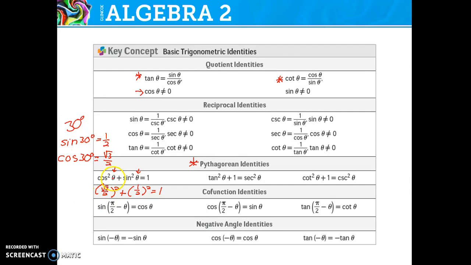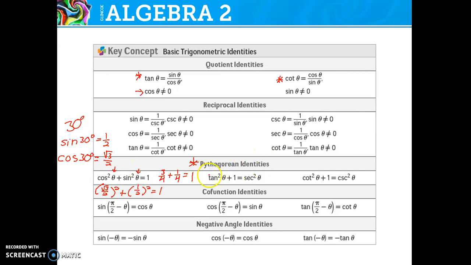So square root of 3 over 2 squared. The sine of 30 degrees is 1/2, so 1/2 squared. Square root of 3 over 2 squared is 3/4. 1/2 squared is 1/4. When I add those together, I do get 1. It just so happens that this is true for all angles. The cosine squared plus the sine squared of a specific angle is equal to 1.